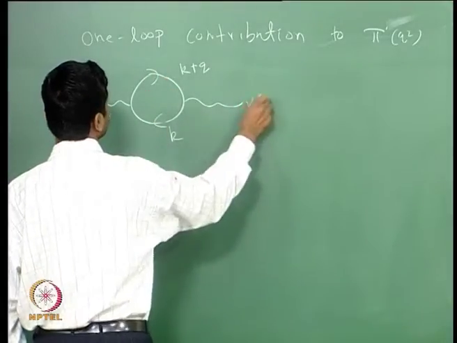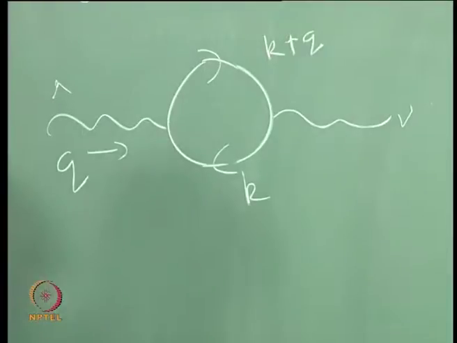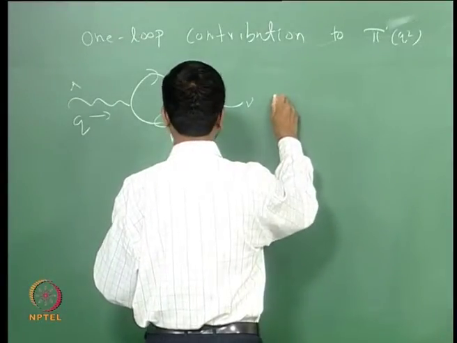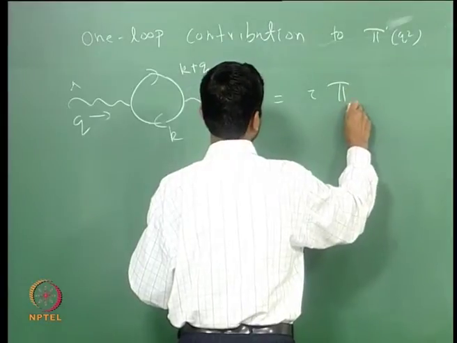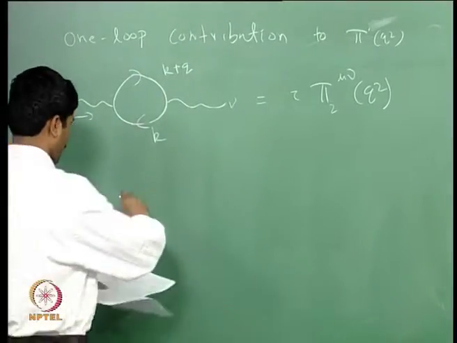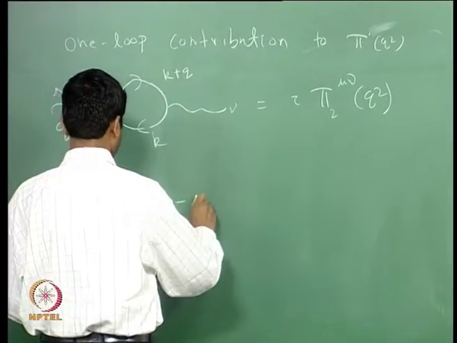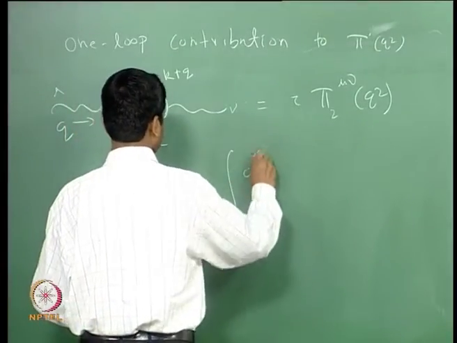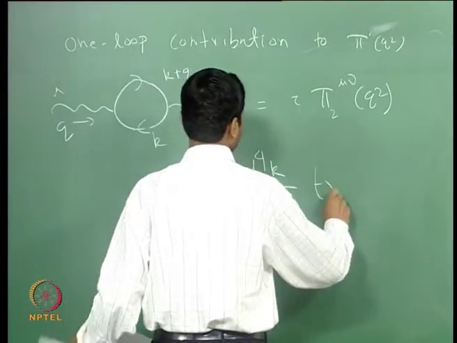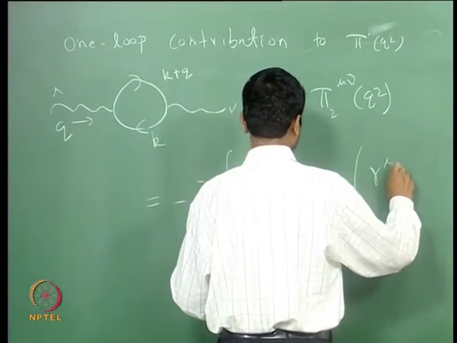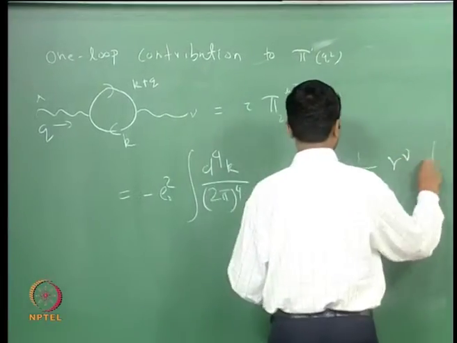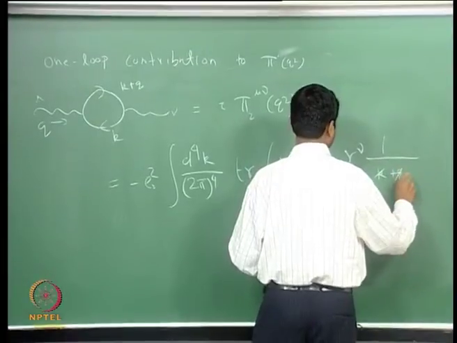This is mu nu. We know what the amplitude for such a process is. It is basically given by i by 2 mu of q square, and this is simply minus e_0 square integration d^4k divided by (2 pi)^4 trace of gamma mu 1 over k slash minus m gamma nu 1 over k slash plus q slash minus m.